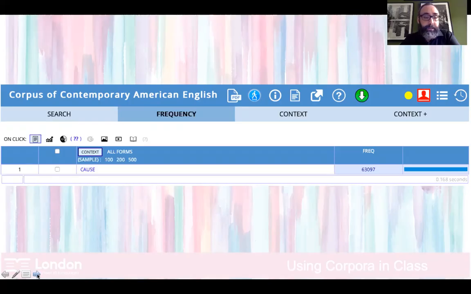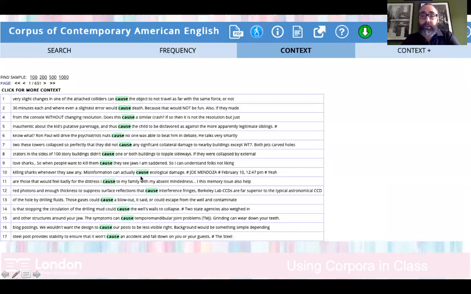And again, you can see cause used as a verb. Most of the times, by the way, this is not infallible. You need to check it because sometimes some strange words might appear, like cause as because, for example. So check that, because I say this is not infallible, but here you have cause used just as a verb.